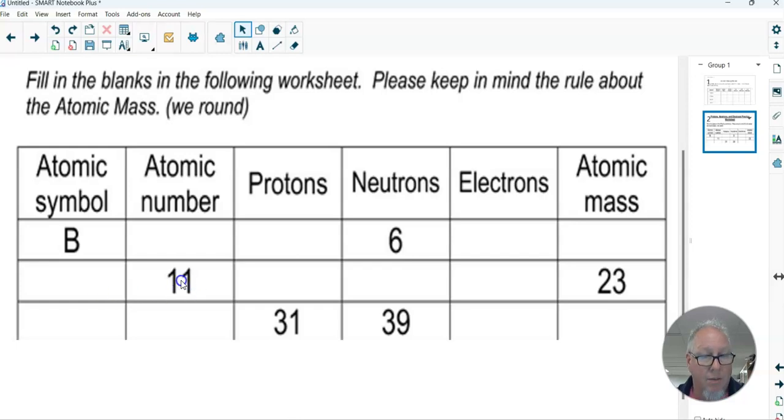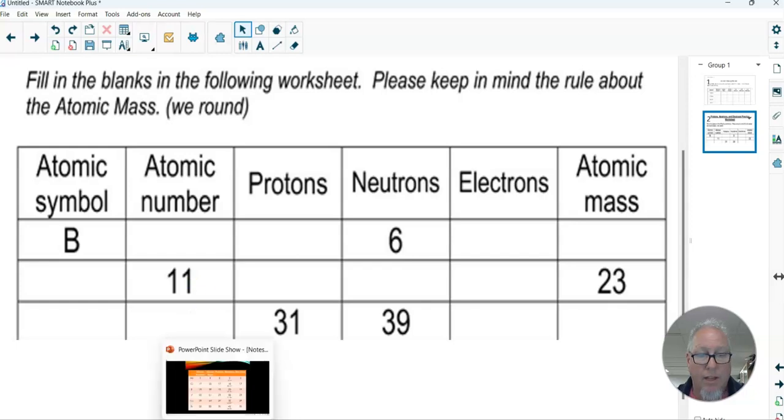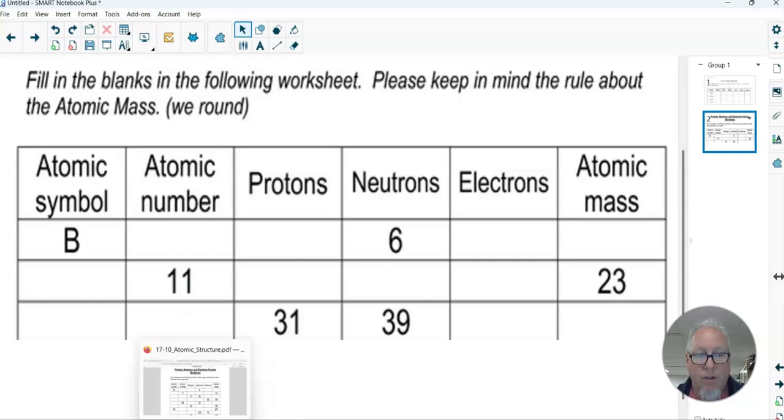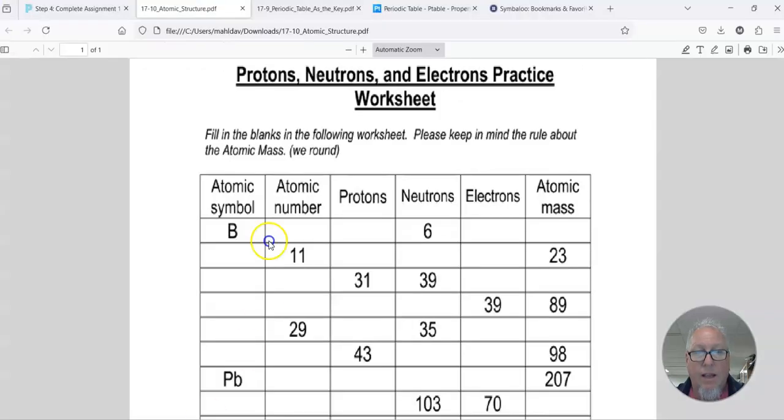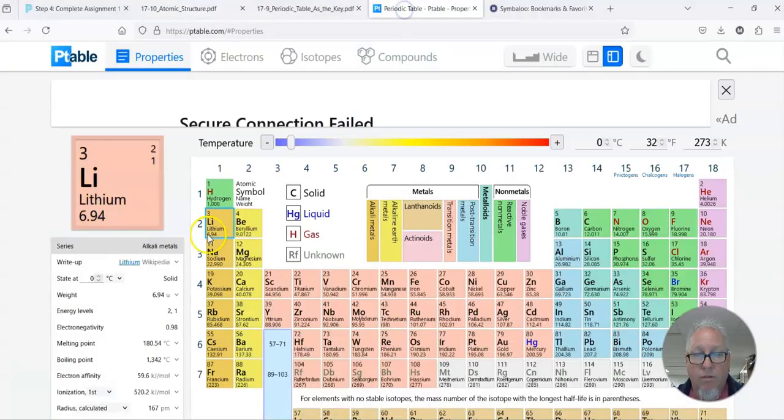But it does tell me the atomic number. So if I go to ptable.com, and look for an element with atomic number 11, that is sodium, Na, with a mass of 23.